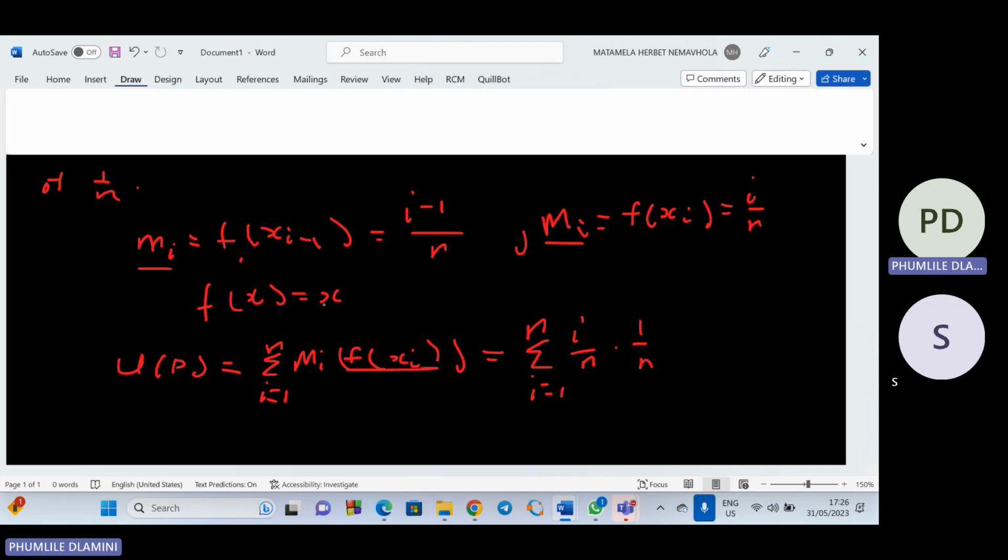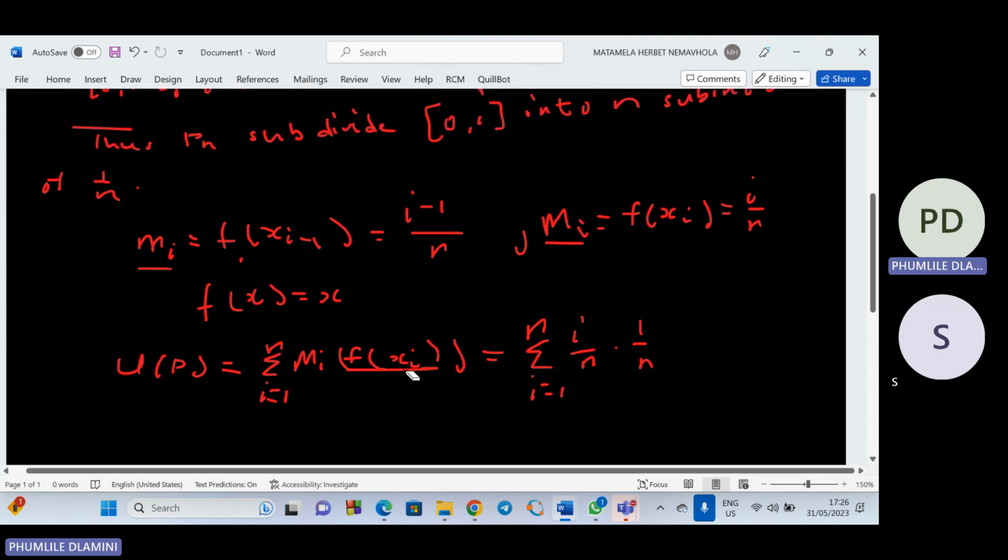The subinterval that is subdividing this is going to be 1 over n. If I put f of x here, it will make this equation wrong.